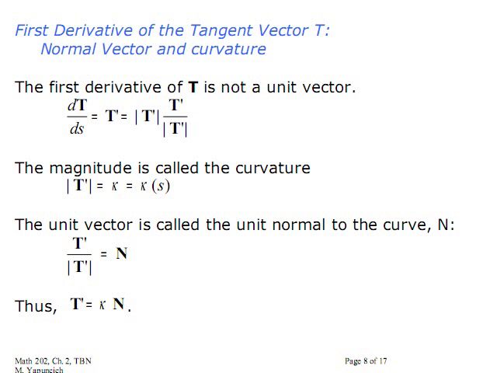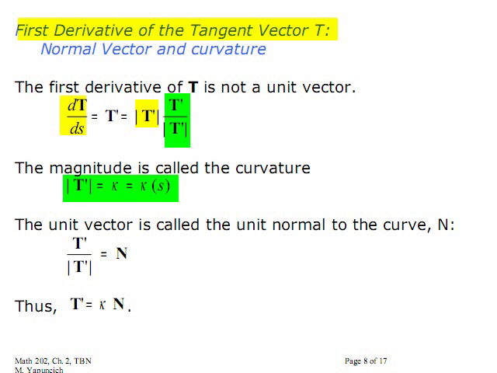Now we take the tangent vector, and from its first derivative, we're going to calculate the normal vector and the curvature. So here's the first derivative of that tangent vector. It's not necessarily a unit vector, so we separate it out as a magnitude and a unit vector. The magnitude is the curvature.